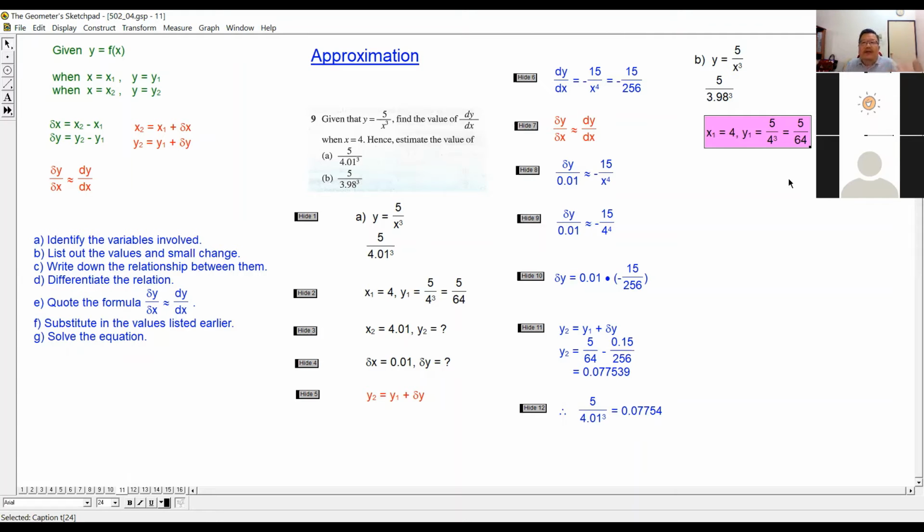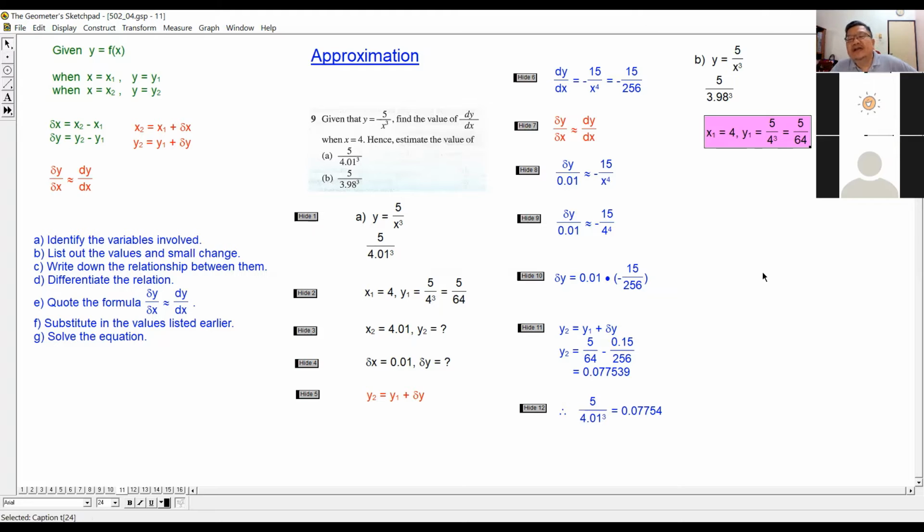In all previous questions, you were never asked to find the y1. They just asked you to find delta y, that's all. But for this type of question, you have to be very careful. You have to know the values of both x1 and y1. You are given the x1, so you have to find the y1.